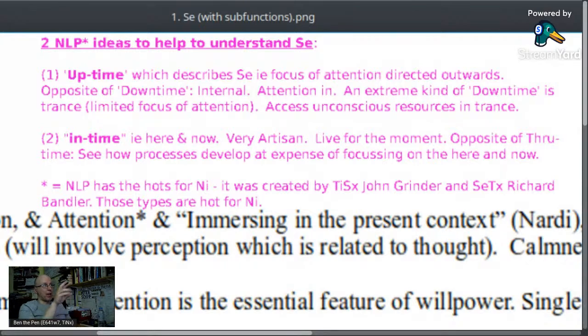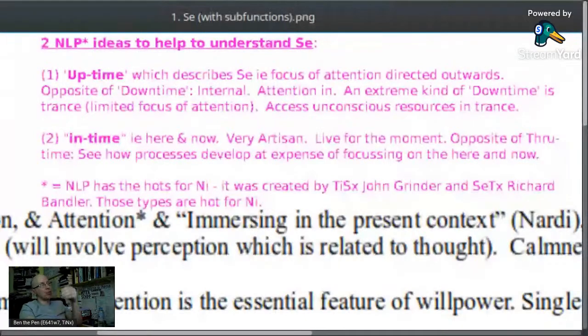So that then correlates to uptime, and NLP was created by a couple of STPs, ISTP John Grinder and ESTP Dr. Richard Bandler, not really a doctor. There's a promoter for you. And then in time, here and now.